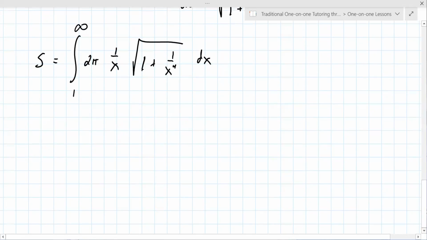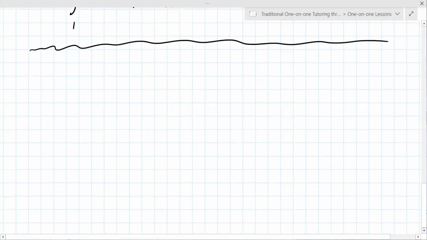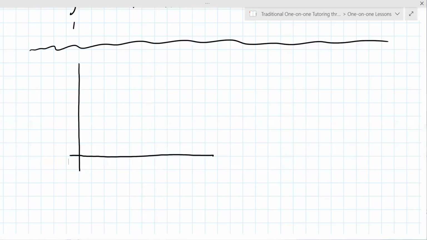So let me try to draw some graphs here. Actually, maybe I'll do it in Desmos and snip them in so that you've got a better look. Let me graph y equals 1 over x squared, for x greater than or equal to 1.